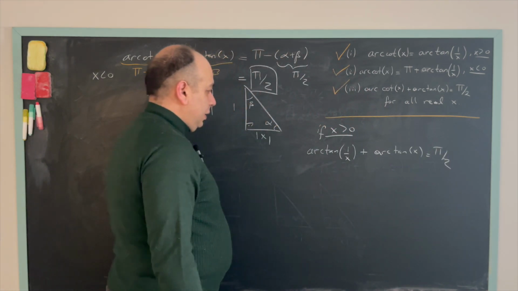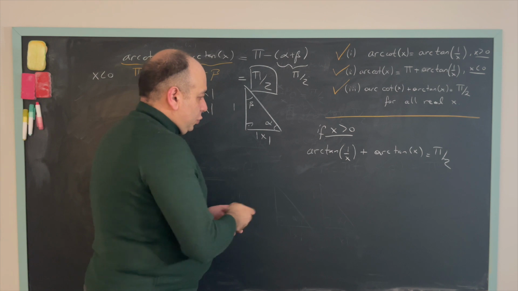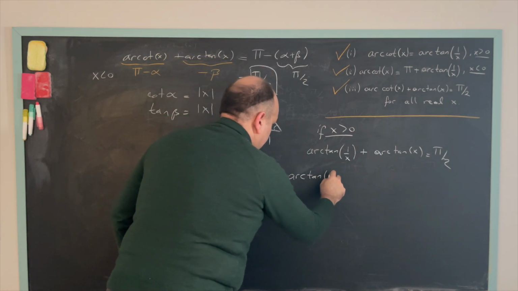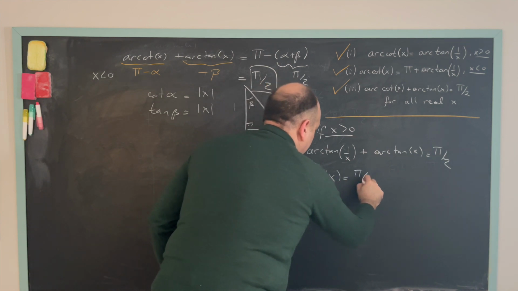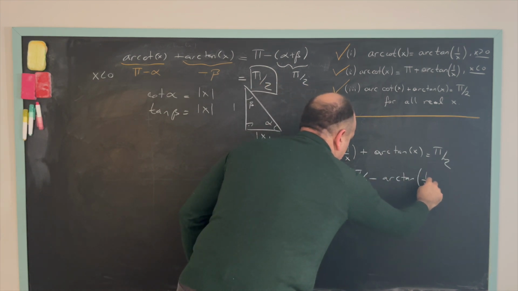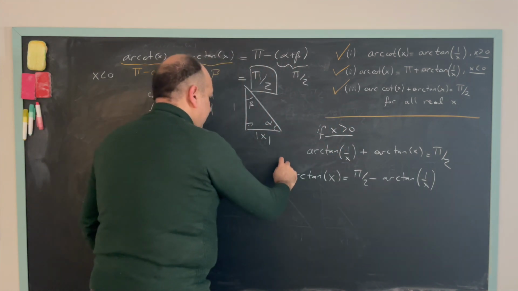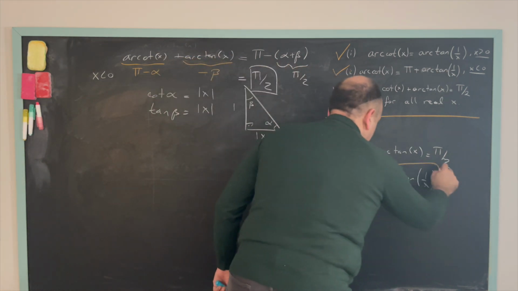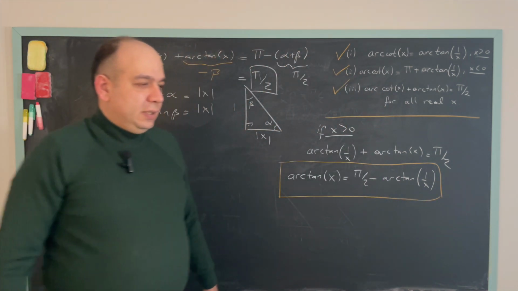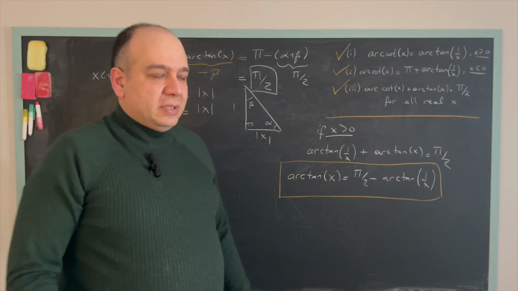So arctangent x can be written as pi over 2 minus arctangent 1 over x. This is one of the relations that we will be using when we discuss power series in the future.